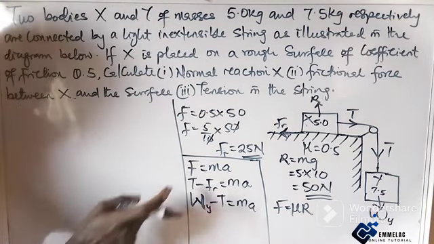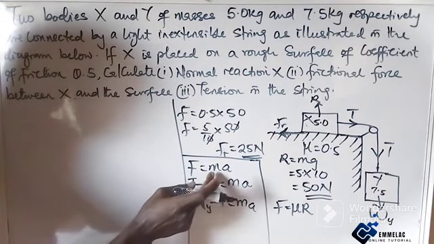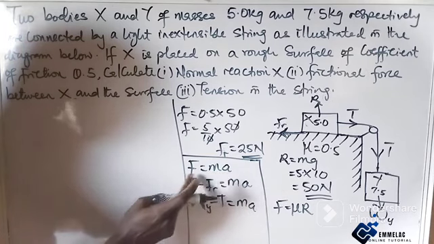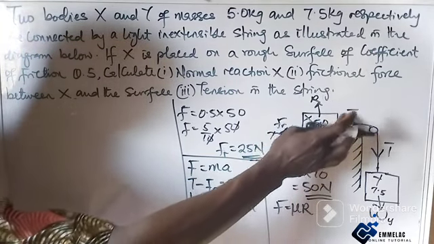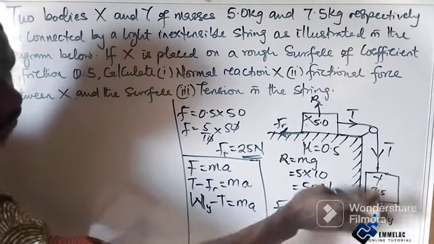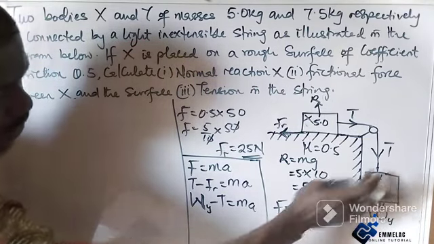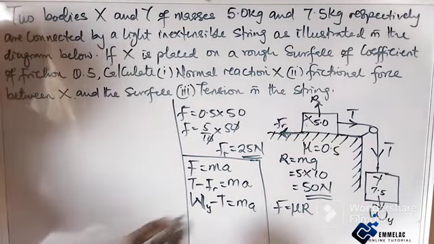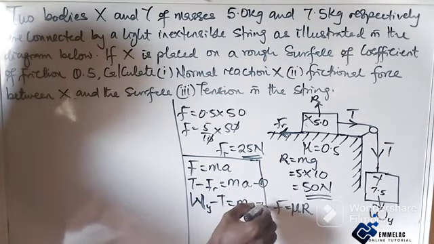Take note, the force equals what? Mass times acceleration. So the total force here is the weight minus this tension. Now this is equation 1 and this is equation 2.